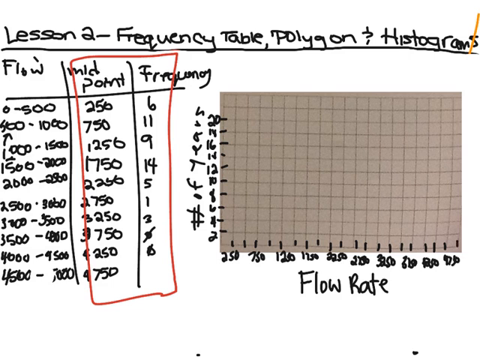So our first point is 250 and 6. Oh, you can't see that. There we go.